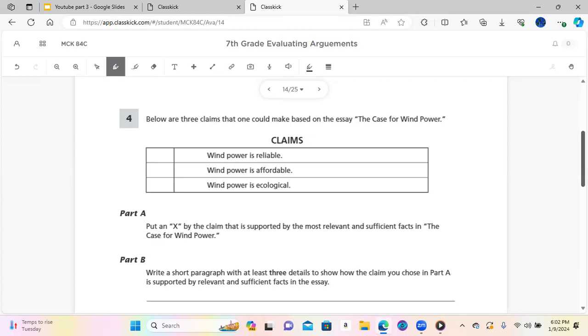And this makes wind power more expensive than other fuels. So we already marked those out. So we can see that wind power is ecological would be the most suitable answer. And this is supported by the most relevant and sufficient facts in the essay. So they said put an X beside the one that supports the claim.